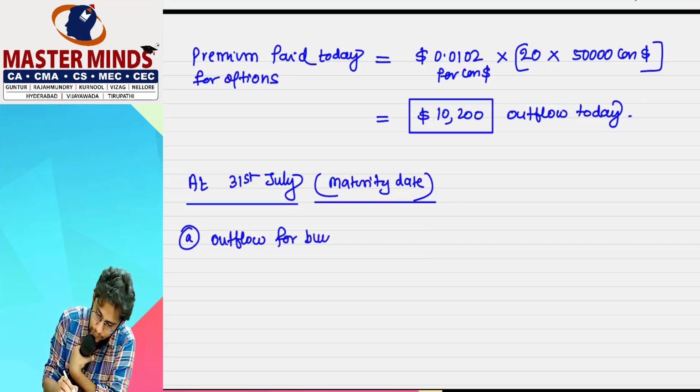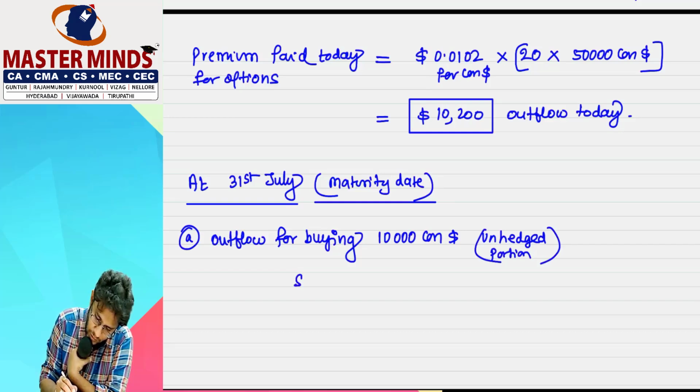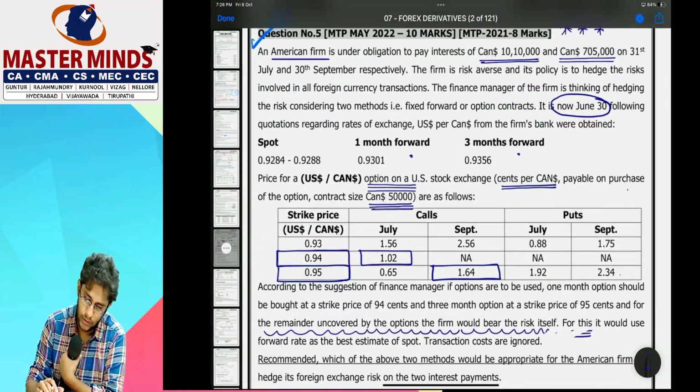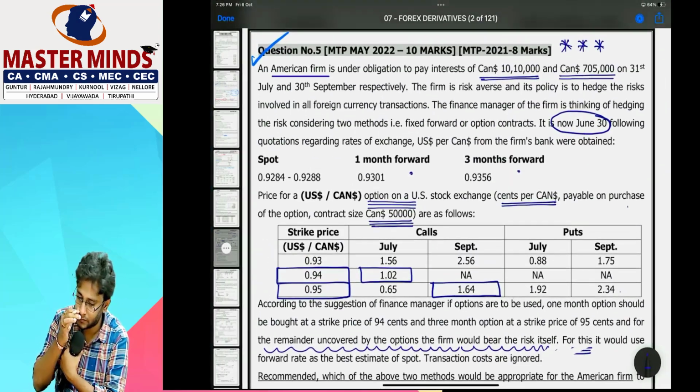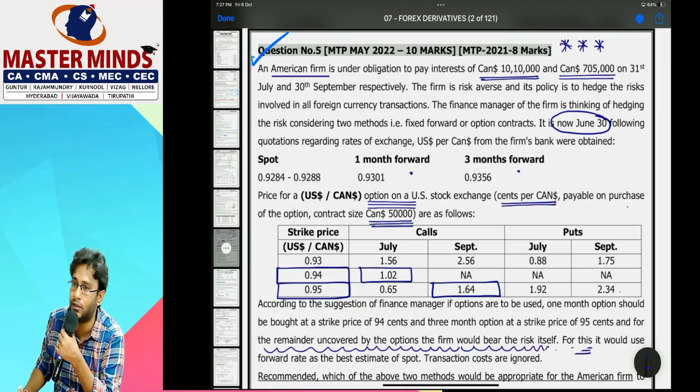Outflow for buying 10,000 CAN dollars, which is the unhedged portion. Spot rate at 1 month, 1 CAN dollar is equal to, he told you that it will be treated as equal to 1 month forward rate.